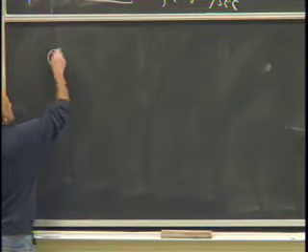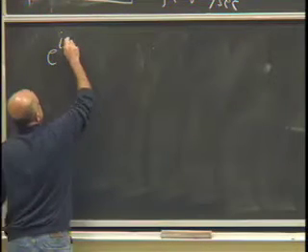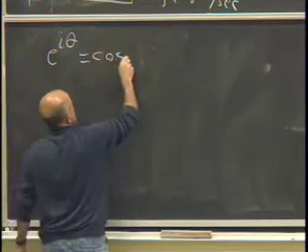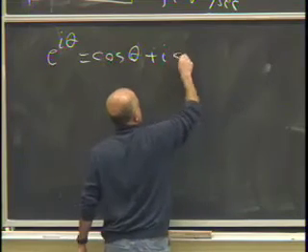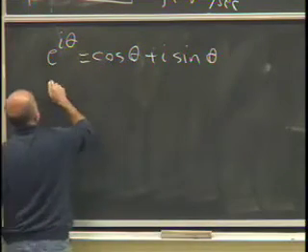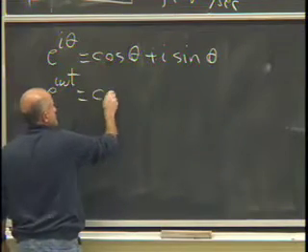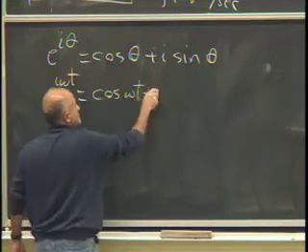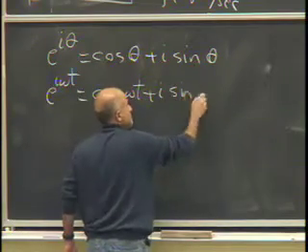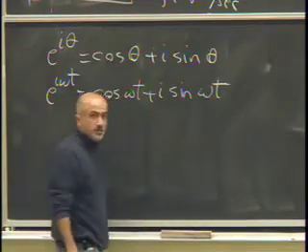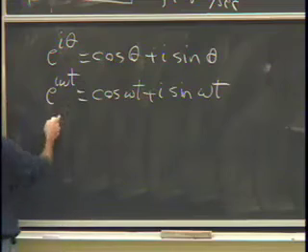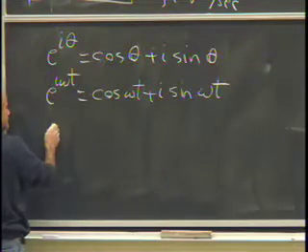Remember, we said e to the i theta was cosine theta plus i sine theta. So e to the i omega t is cosine omega t plus i sine omega t. You also had a relationship between cosine and the complex exponential.